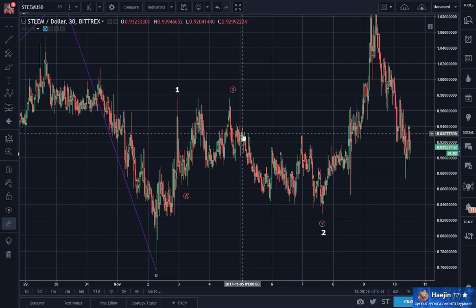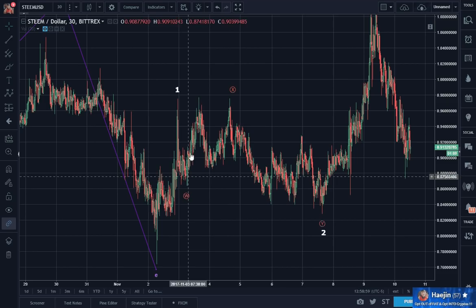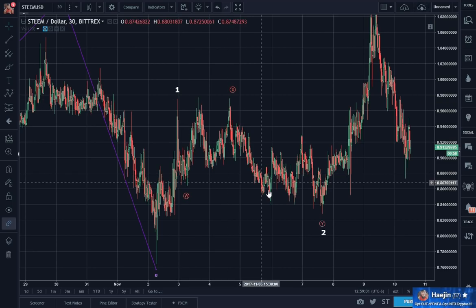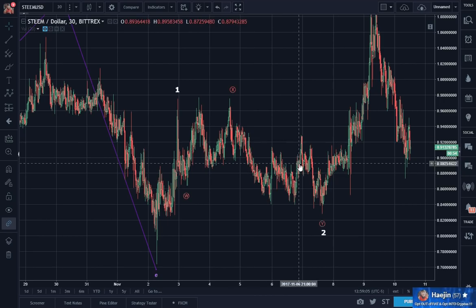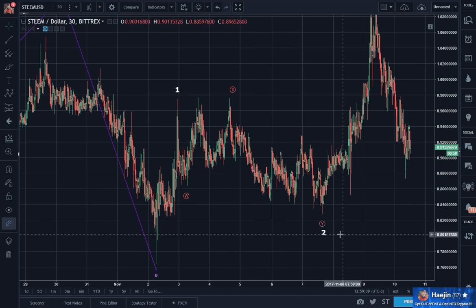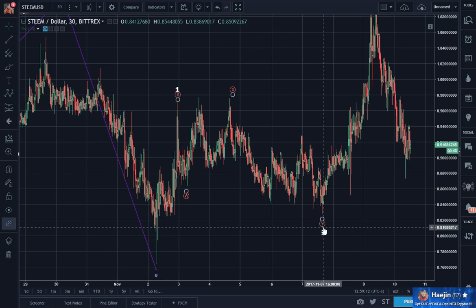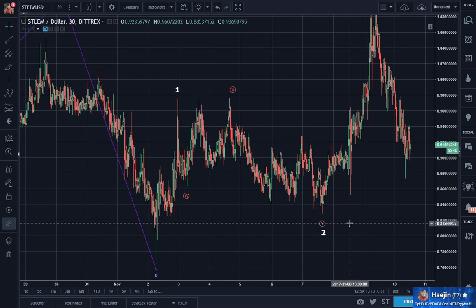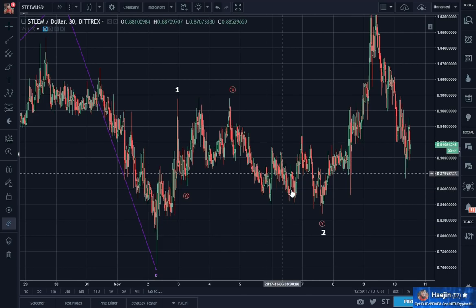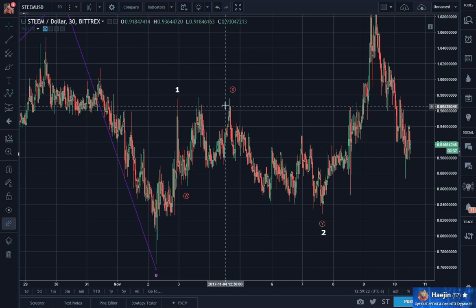The reason why I picked the WXY is I could do it A, B, C, but this is not 5 waves. It's too much overlapping. Whenever you see a lot of overlapping like this on the C wave, chances are that it's going to be a WXY. So I'll say WXY. A lot of 3 waves: 1, 2, 3.